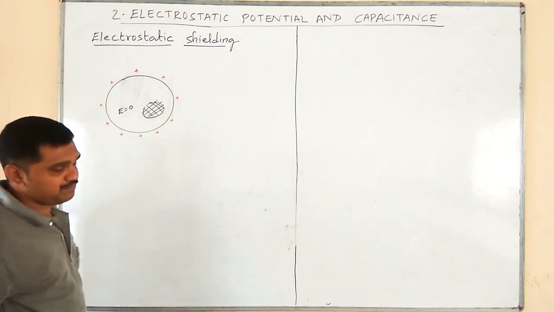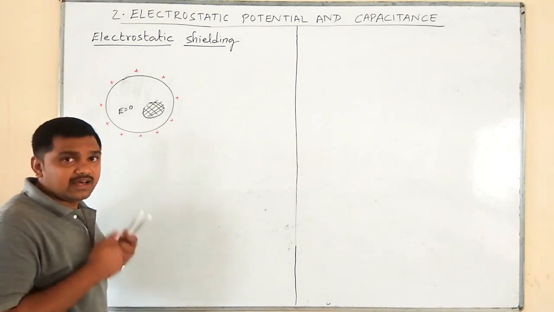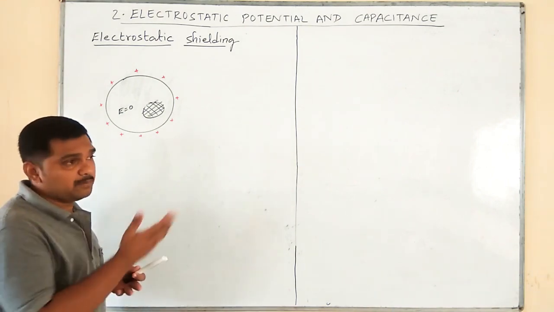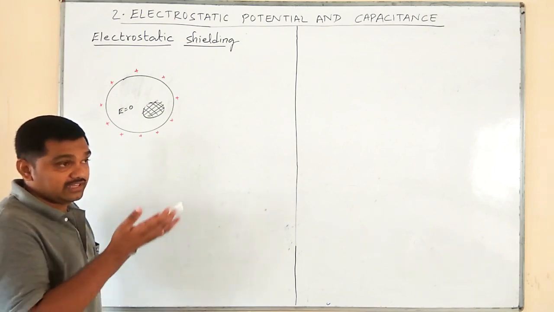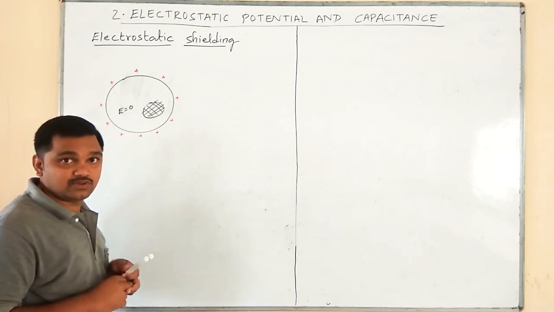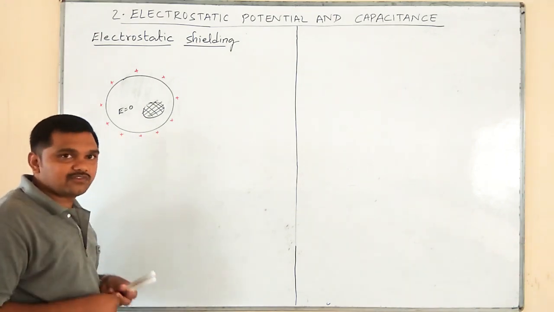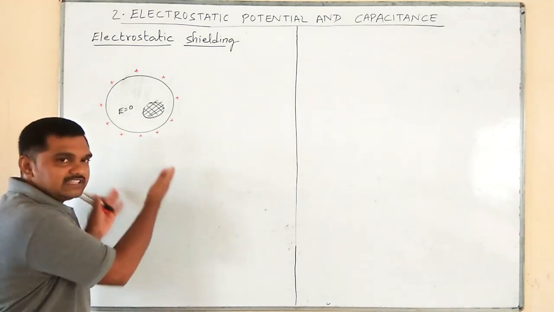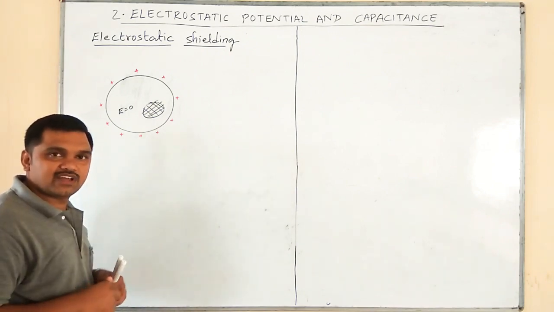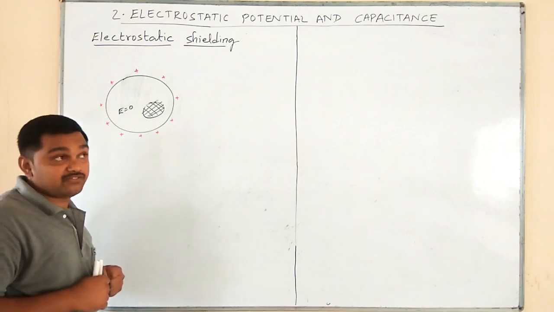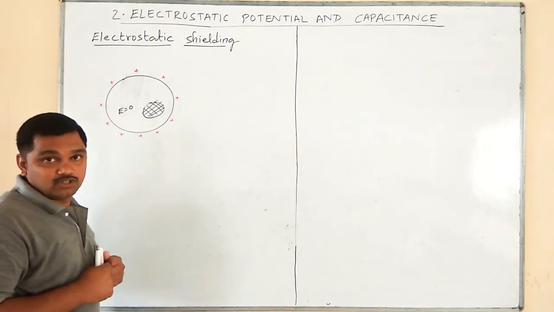Similarly, in case of rain, where you can observe thunderstorm accompanied with lightning, there is a possibility of thunderbolt also. In such conditions, how can we save ourselves? Suppose there is a car, we can enter into the car. If we sit inside that car, we will be saved from those thunderbolts. How?